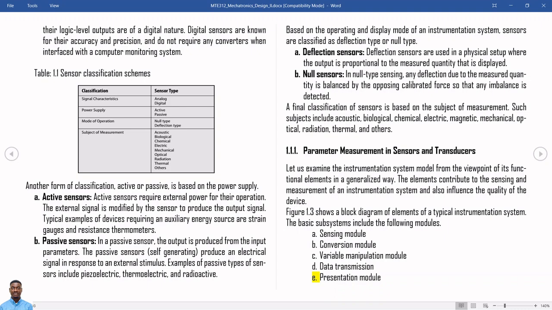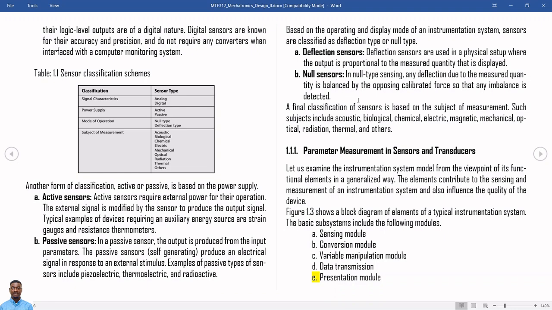So when you need high accuracy measurement, that is when you will be using a zero or a null sensor type. In this case, any deflection due to the measured quantity is balanced out by an opposing calibrated force so that any imbalance is detected. So what are we saying in this kind of sensor?